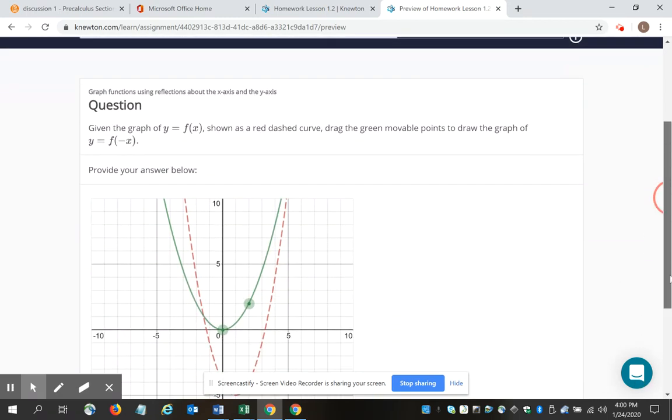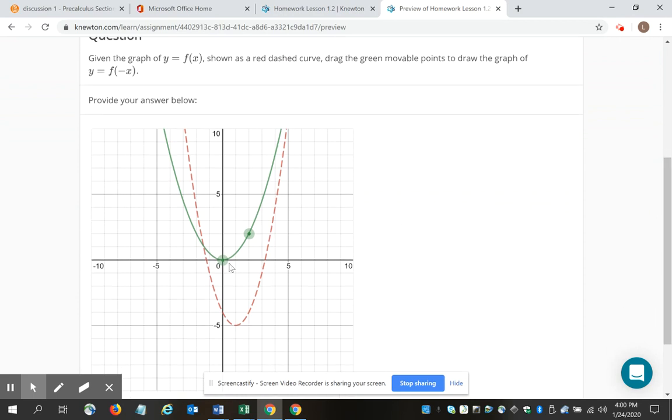All right. -x again. Okay. Get the green one on top of the red one. Okay. I think it's trying to teach me how to use these little dots, which is a little bit of a challenge.